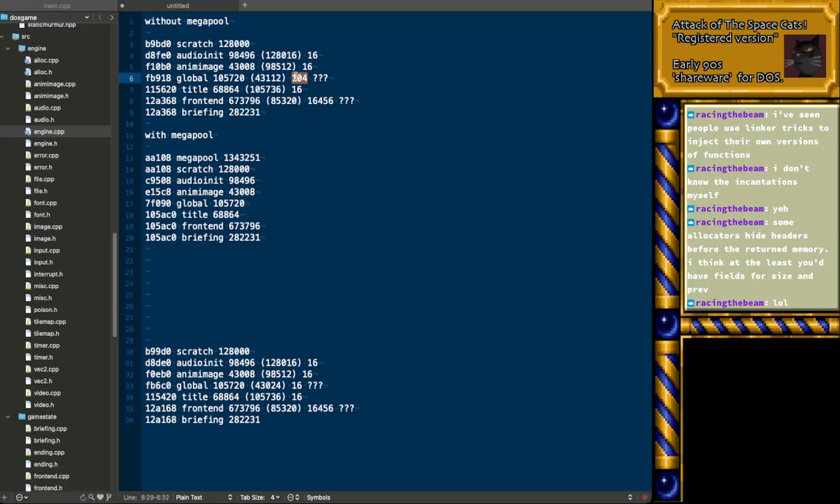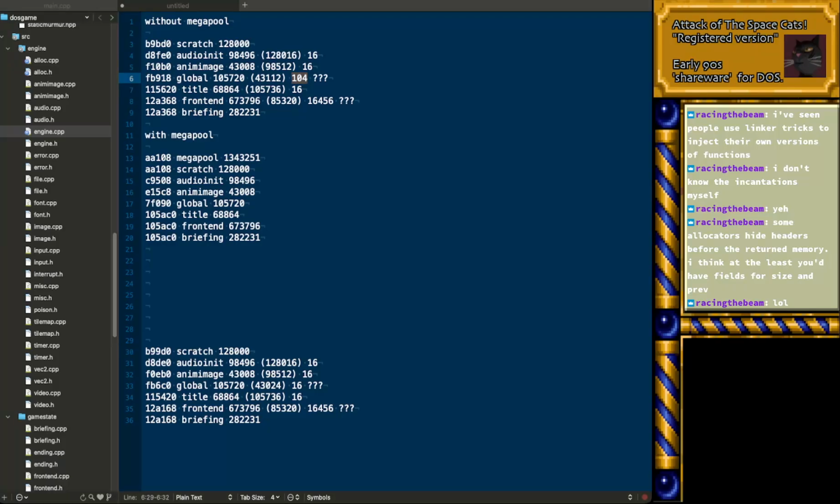Now, do we still have this gap as well? I assume we do. B9BB0, D8FE0, F10B0, FB918. Yes, we do. Do they look aligned to those addresses? Where's my calculator gone?